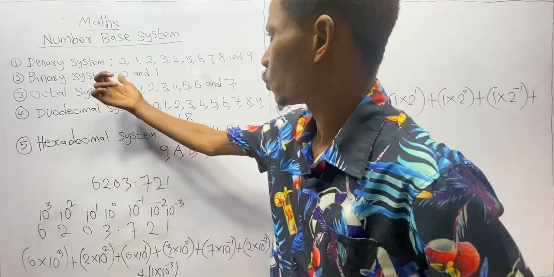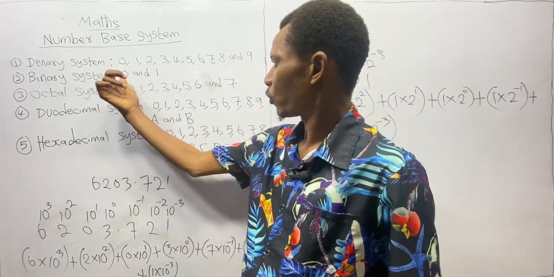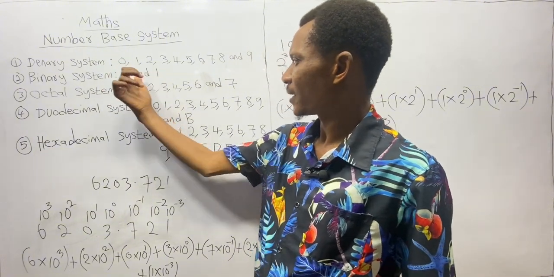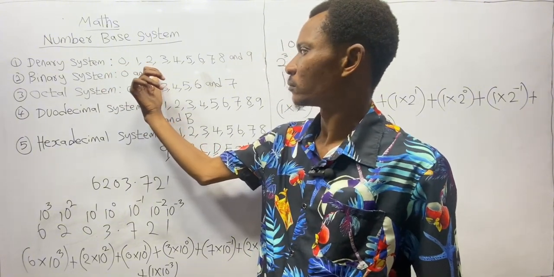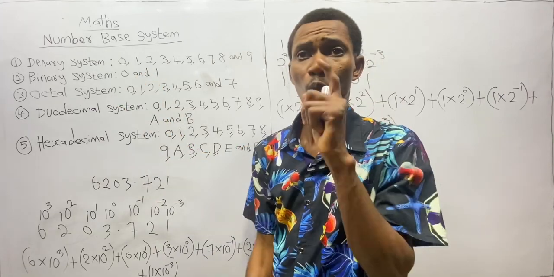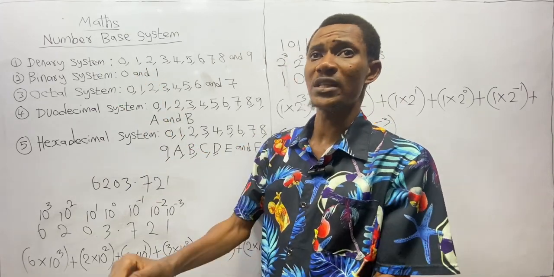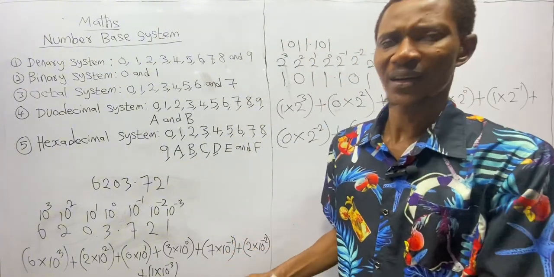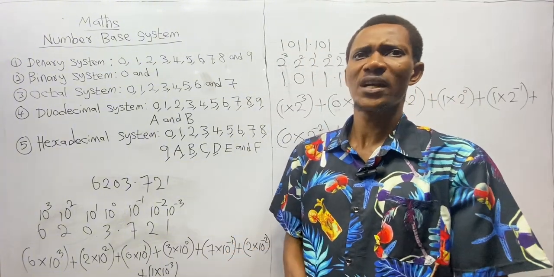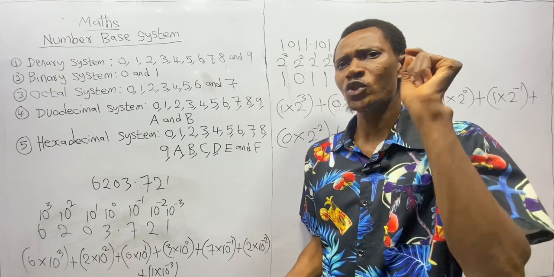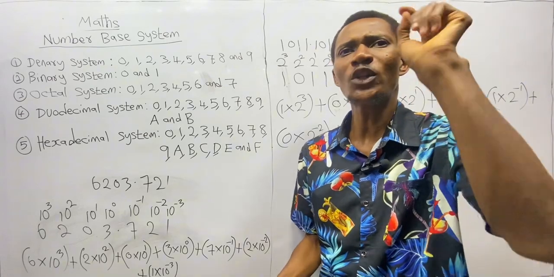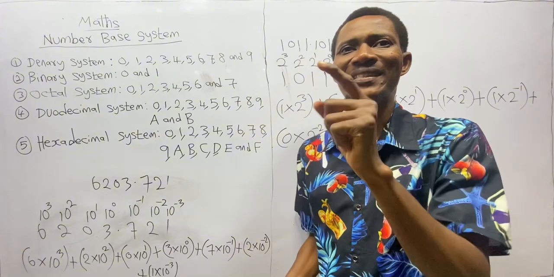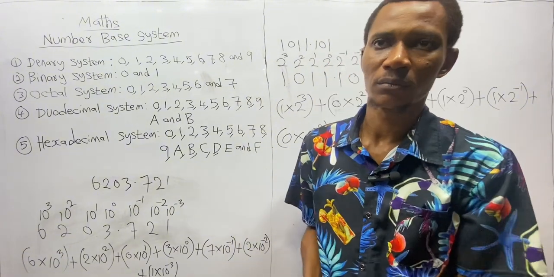Then for base 2, the binary system, we have 2 digits, and the greatest number here is 1, 1 less than the base number 2. So what does that tell you in general? It tells you that the greatest number in any number base is 1 less than the base number.